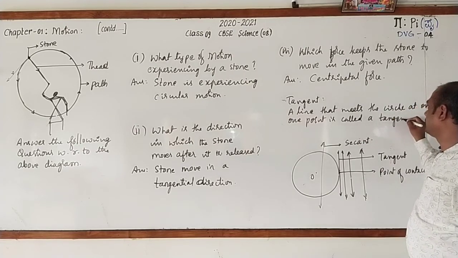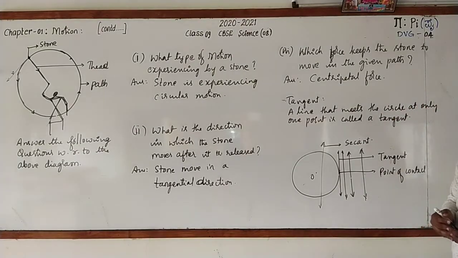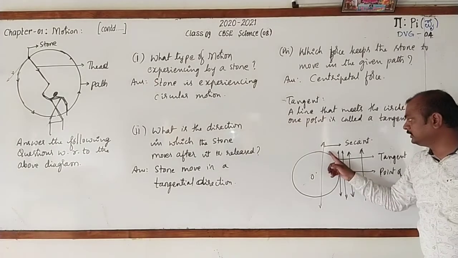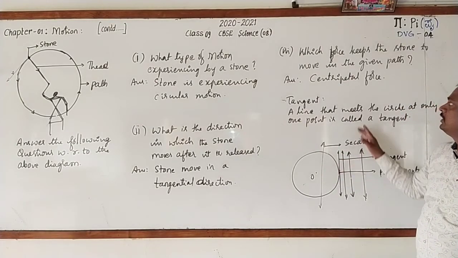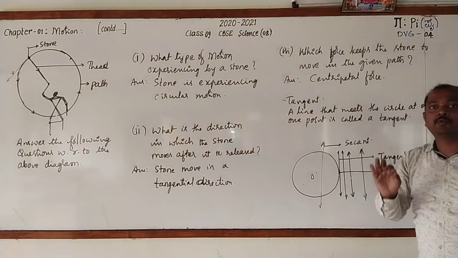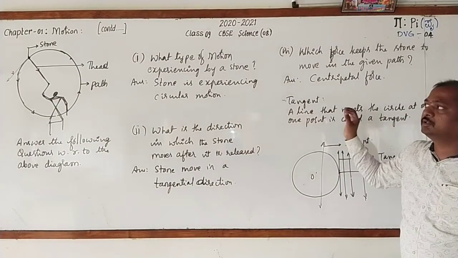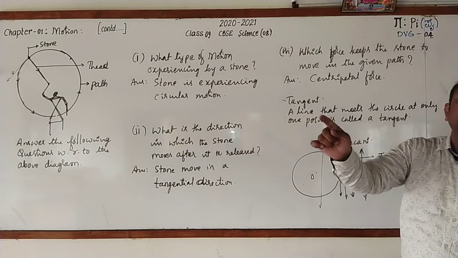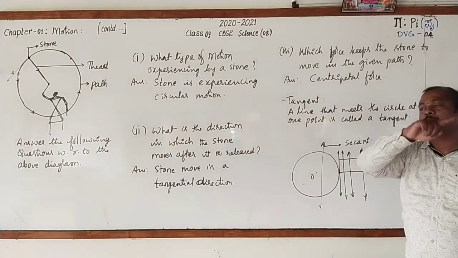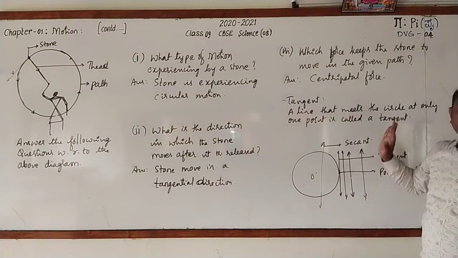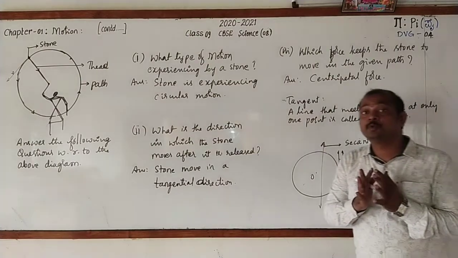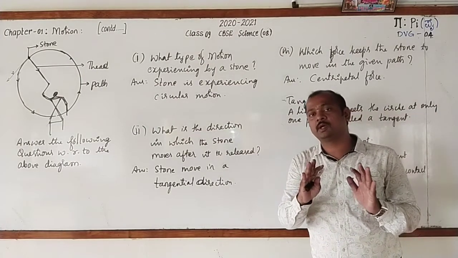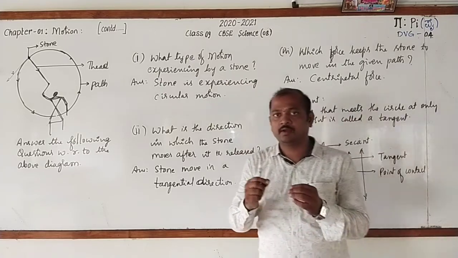Then secant, I hope you can write the definition: a line which intersects the circle at two distinct points is called a secant. Centripetal force: the force which keeps the body in a circular path is called centripetal force. Okay students, with this the chapter has been completed.